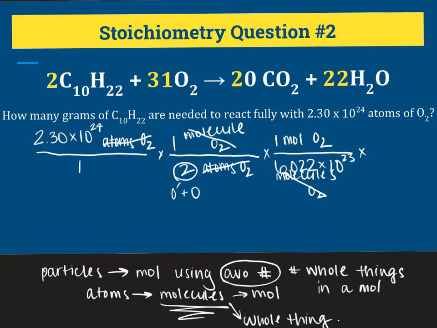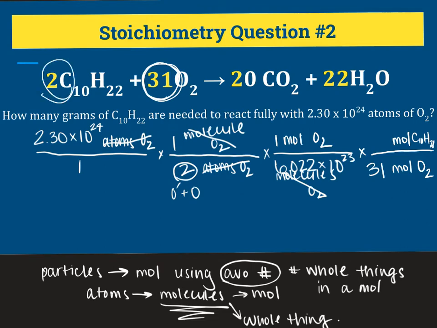Our next equivalent statement will then have mole of O2 in our denominator, and we're going to use our molar ratio to go to moles of C10H22. And to find that molar ratio, we look at our coefficients up here. So we say that there are 31 moles of O2 react with 2 moles of C10H22.